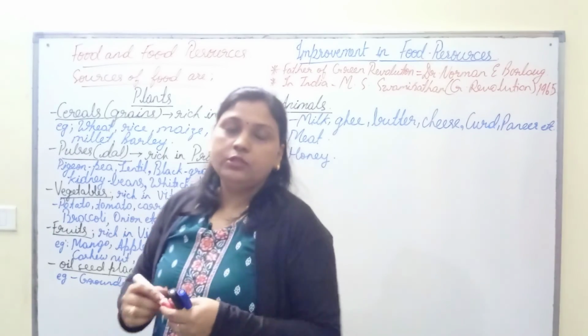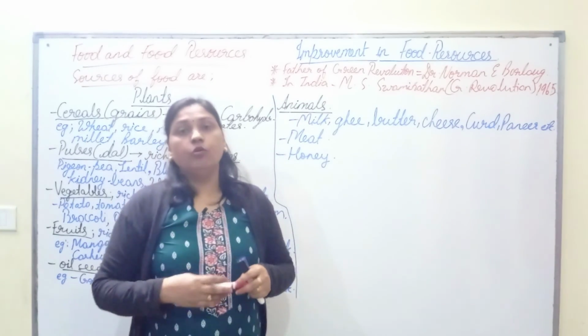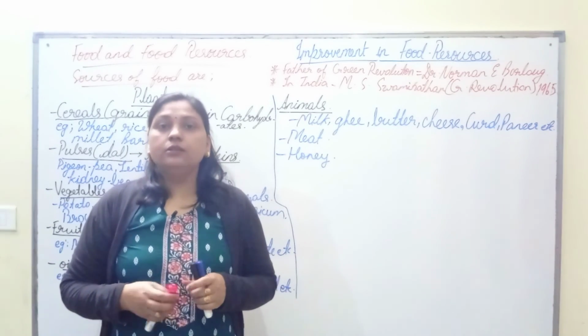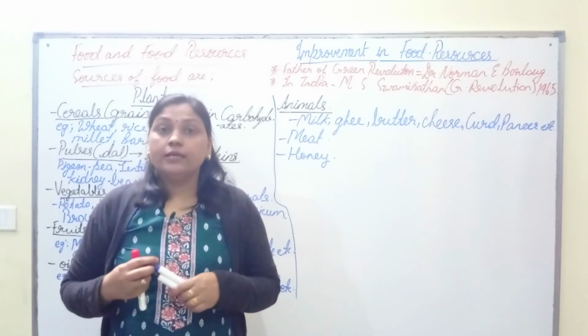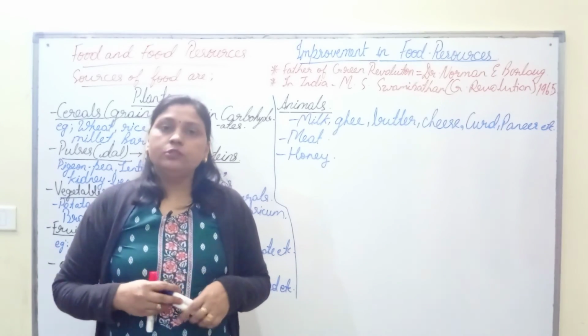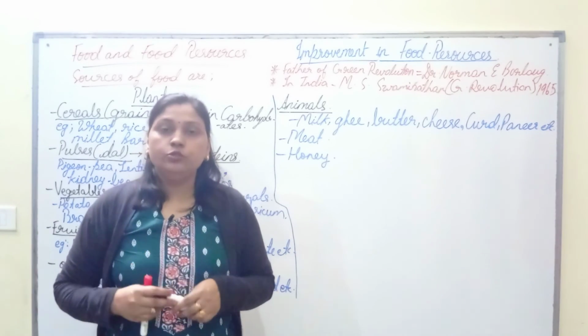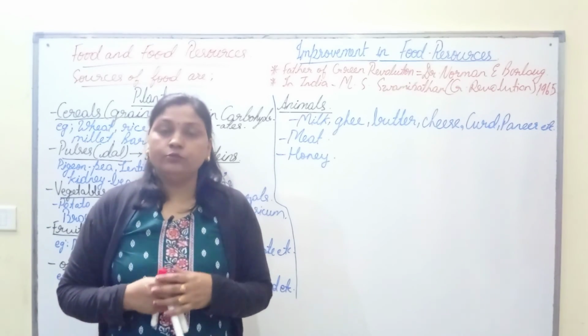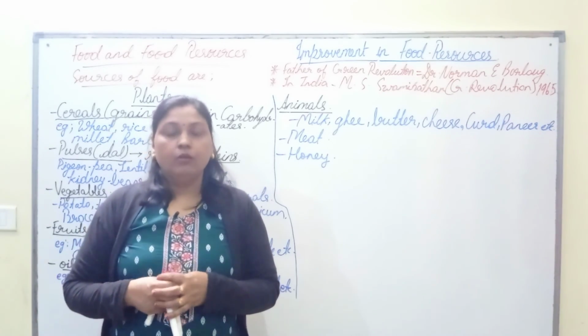So the Green Revolution is actually the production of grains on a large scale by utilizing the natural resources as well as modern technologies. Somehow it was found that this Green Revolution was imbalancing or affecting the natural resources.